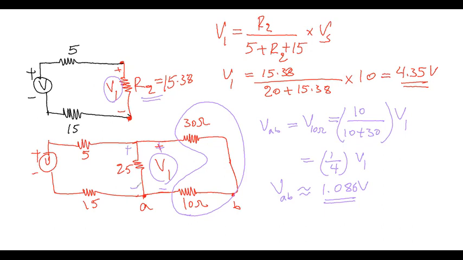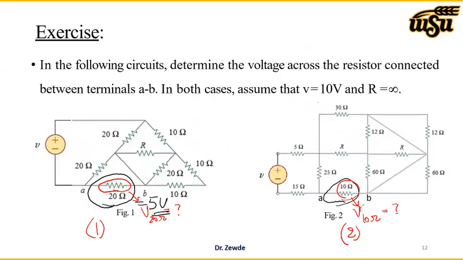Since the 30 and the 10 ohm resistor are in series, we used another voltage division rule to determine the voltage between A and B. So we solved the voltage across the resistors connected between A and B.